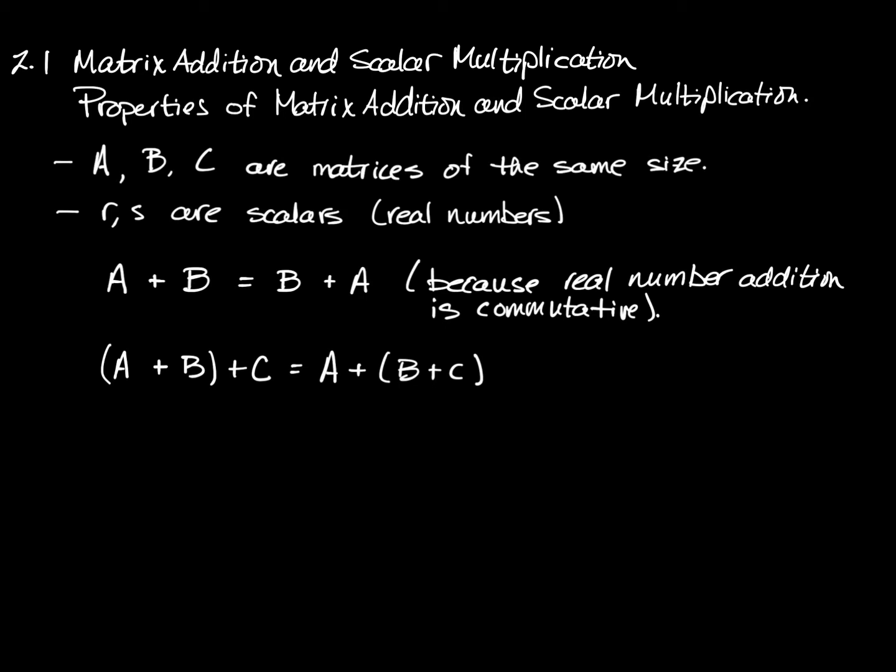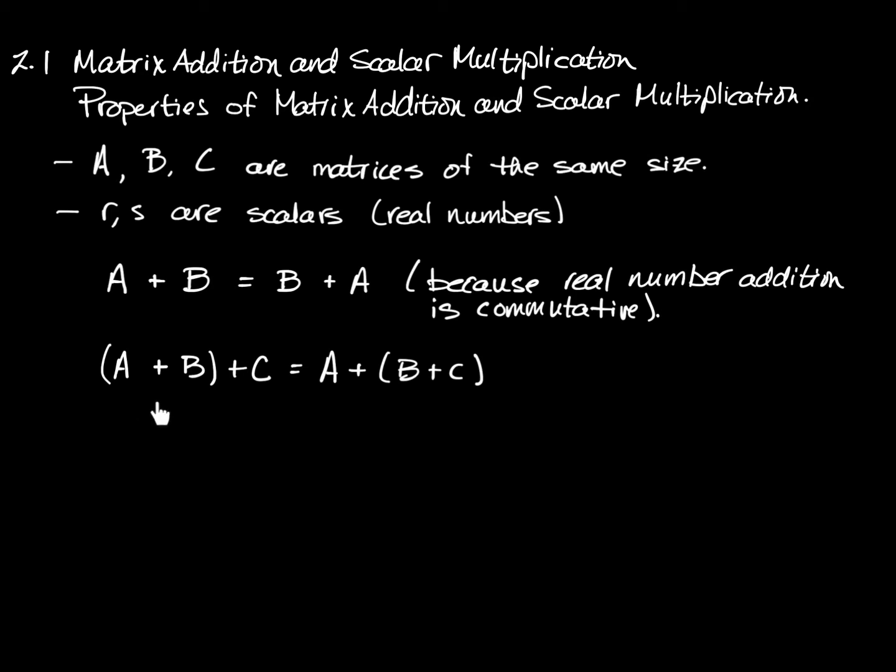And that matrix is made up of the entries in matrices B and C added together. And once you've got that, if you add that result to the matrix A, which also must be the same size, then you get the result of the two numbers in each position from B and C added together with the number in the same position in A.